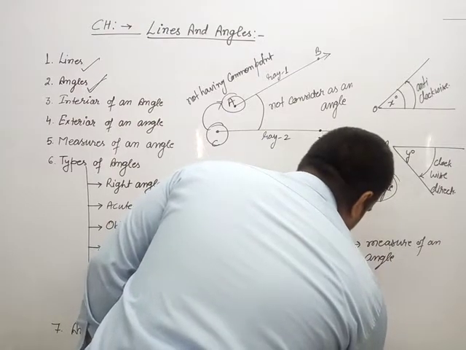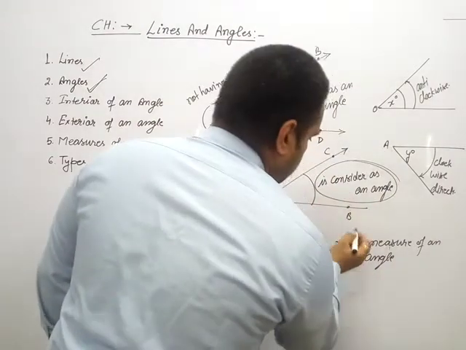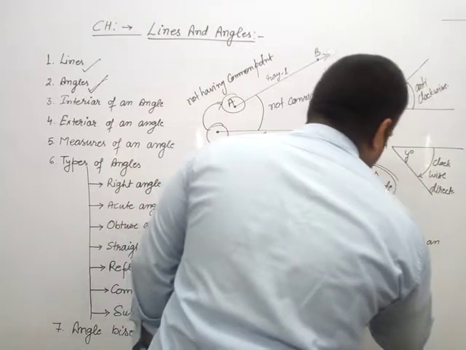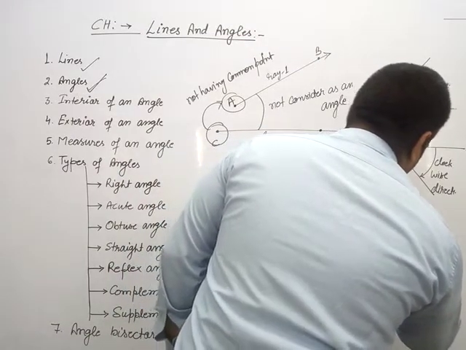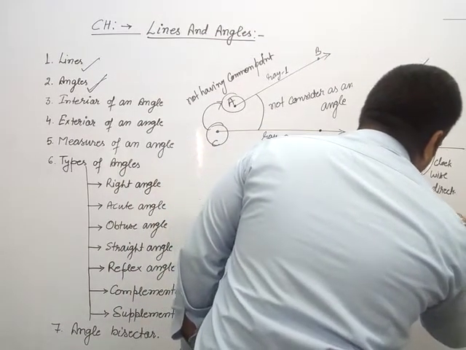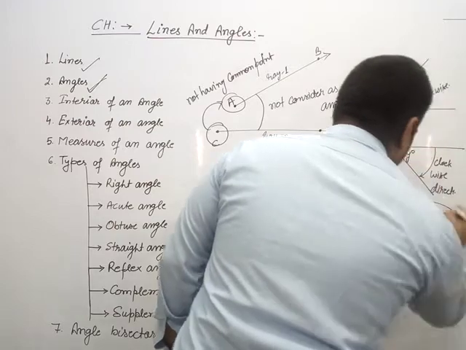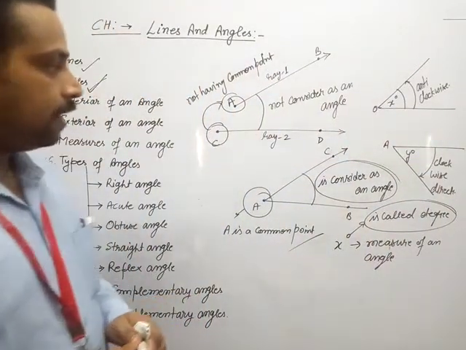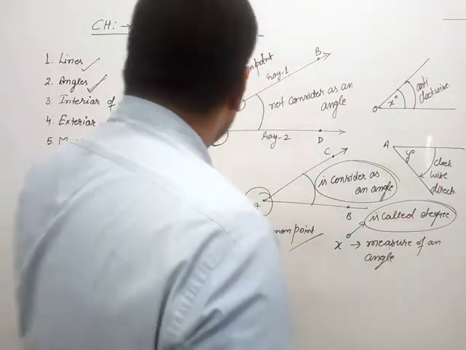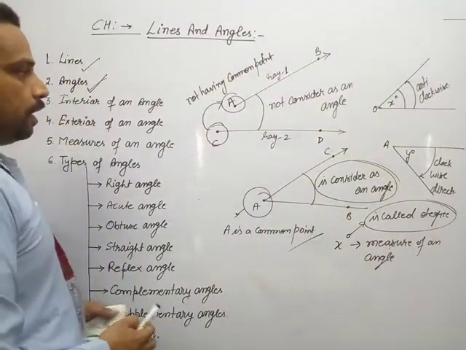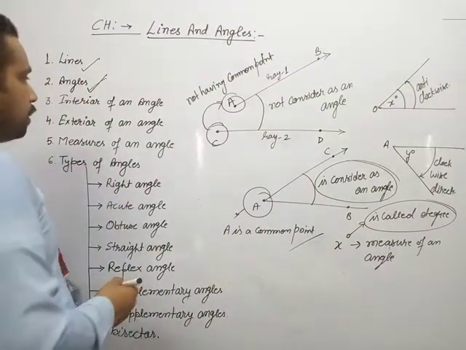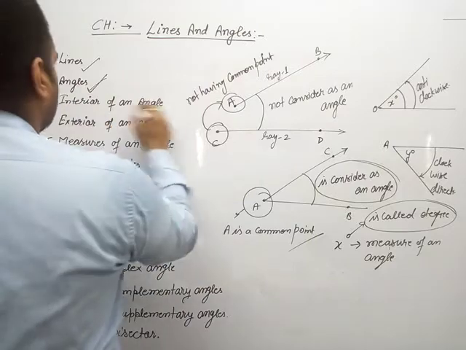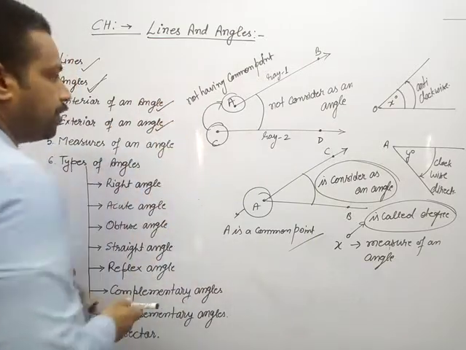If I place this symbol, it is called degree. So the unit of an angle is called the degree. And now I am going to explain interior angles and exterior angles.